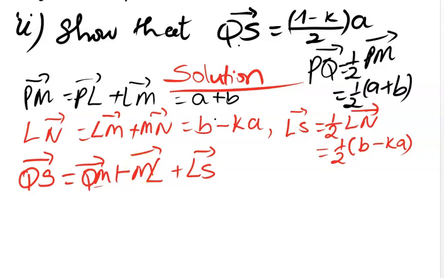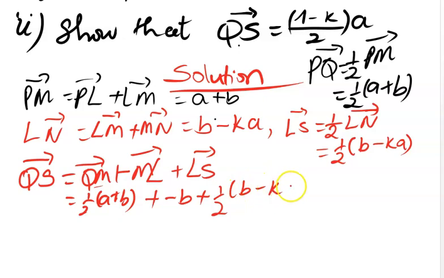So our QM, from our diagram, we have that our QM is half A plus B, right? Which we obtain. Then our ML is negative B. Our LS that we have here is half B minus KA.